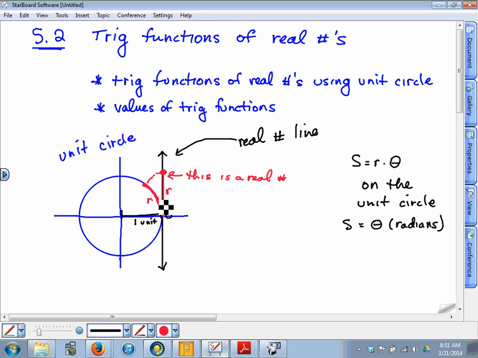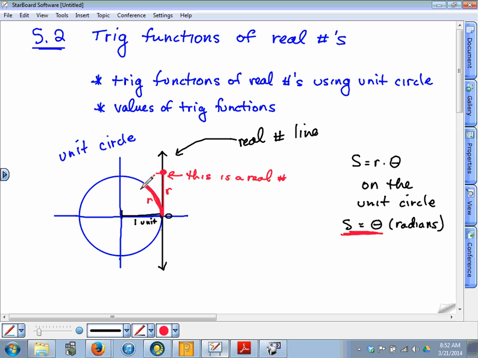From here to here, isn't this an arc length? Yeah. But on the unit circle, what is the arc length? It's the same as the radian measure. Okay? And why are we so concerned about turning this into a radian measure? The way that we've defined sine and cosine is we can only evaluate trig functions of angle measures. Well, we can take any real number and turn it into an angle measure, so to speak, by wrapping it around the unit circle.